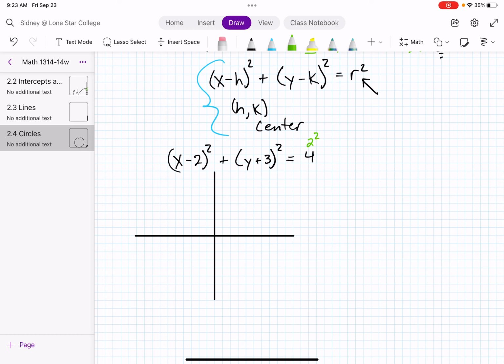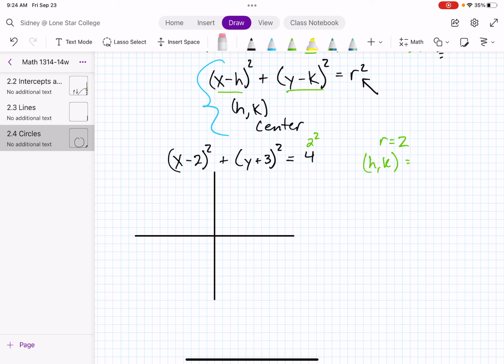So when I look at this, what can I tell about this particular point? One, it has a radius of 2 because it's r squared, so it's 2 squared, so the radius is 2. Now h and k, if you recall, is the center, and it's x minus h and y minus k.